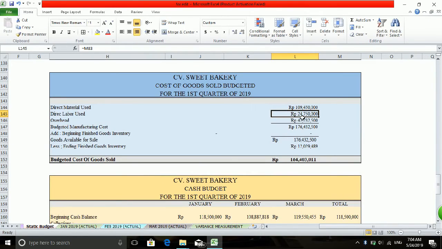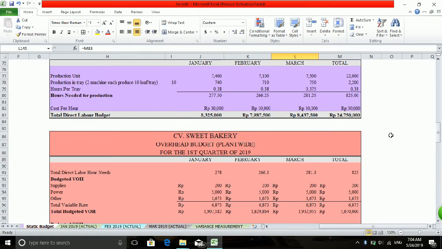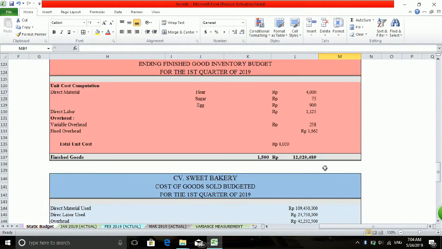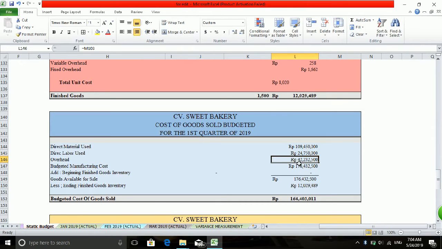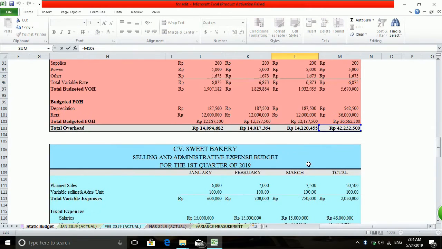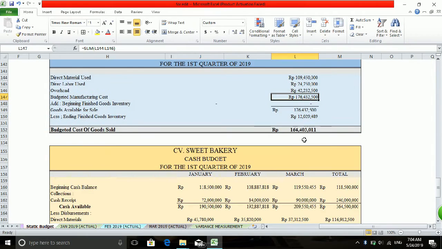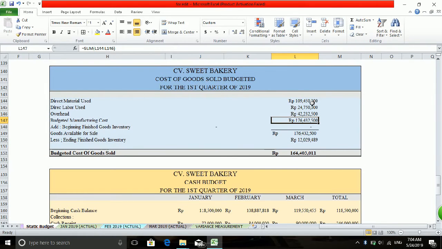Direct labor used is from the direct labor budget. Overhead is from the total of the overhead budget. Sum the direct material used, direct labor used, and overhead, and you will get the budgeted manufacturing cost.